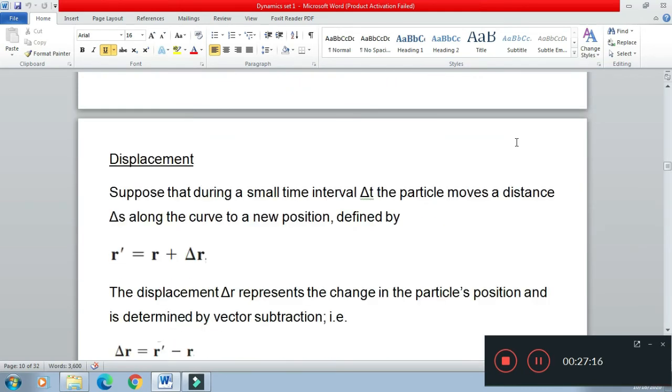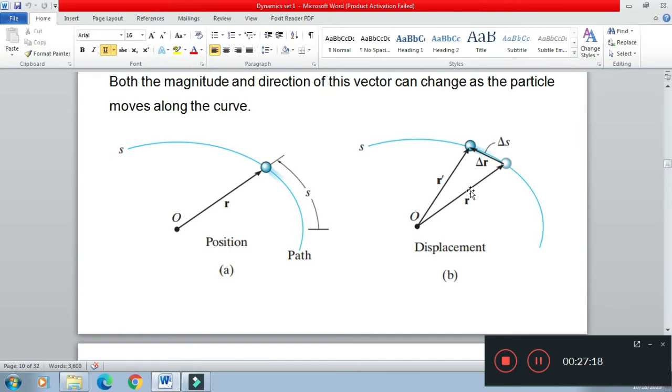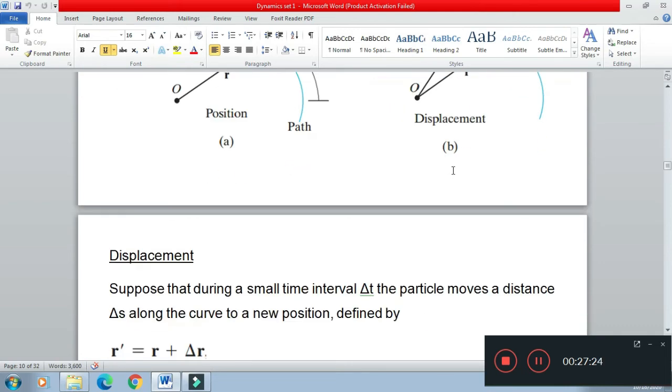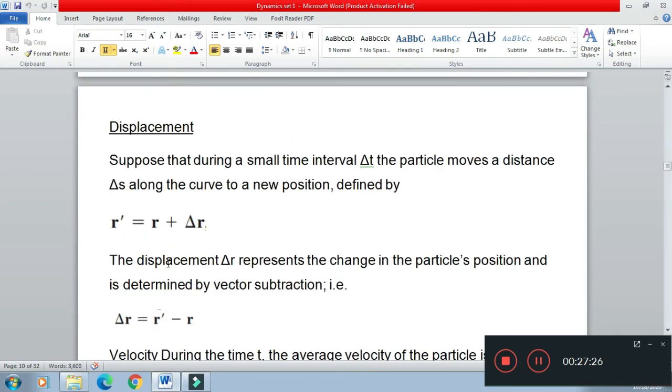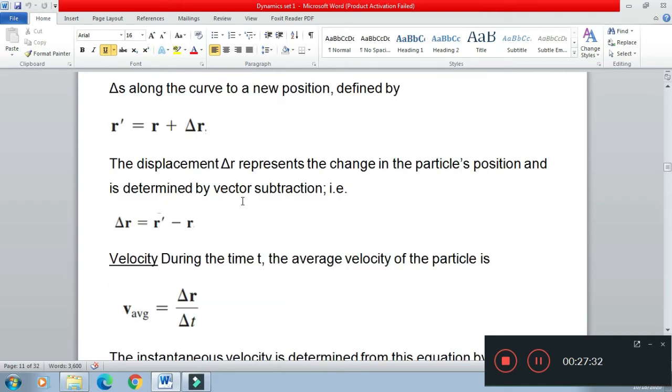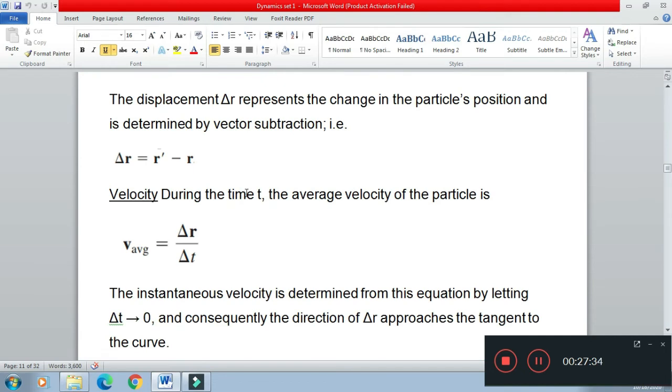So we use the vector addition. r dash is equal to r plus delta r, and similarly delta r is equal to r dash minus r. So this is the simple vector addition.